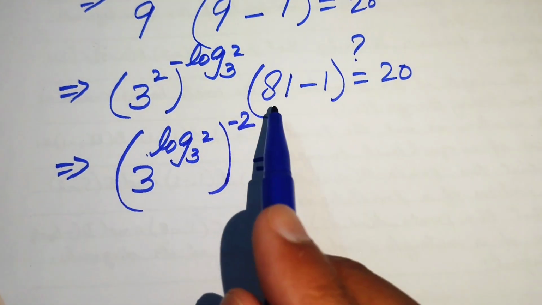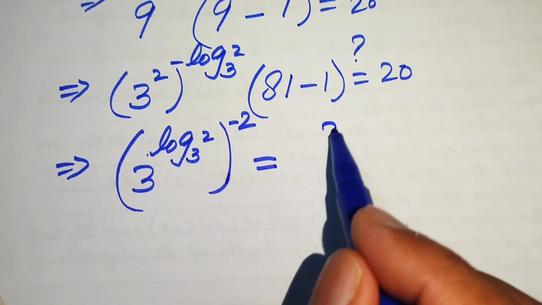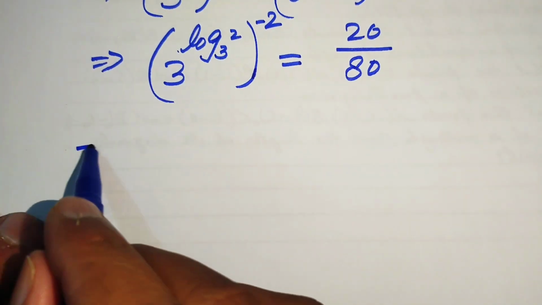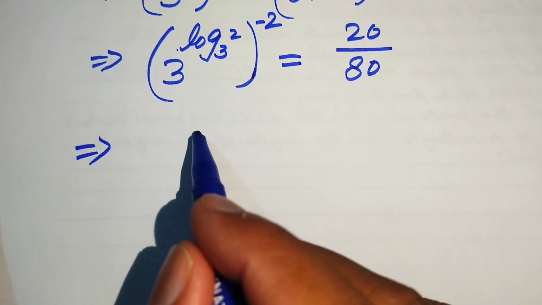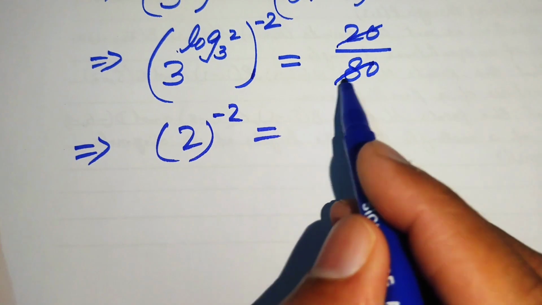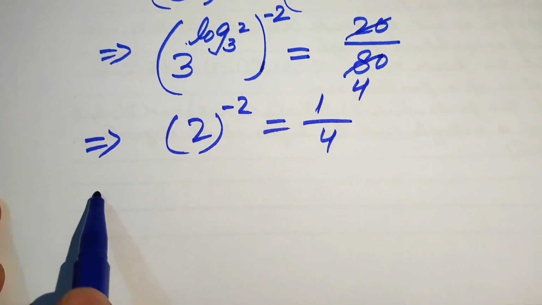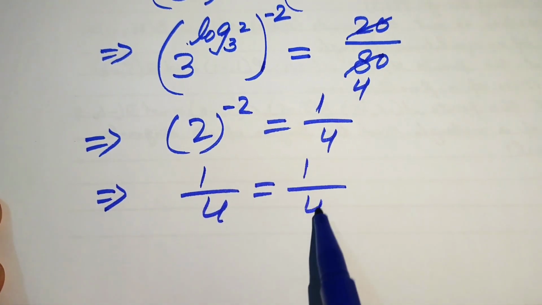Here you have 81 minus 1 equals 80, and we divide on the right hand side, it becomes 20 over 80. So here we use the nice property of this log, and we write this expression as 2 to the power of minus 2, and here you have 4 fours are 80, so we get 1 over 4. So this expression also gives 1 over 4, equals 1 over 4.